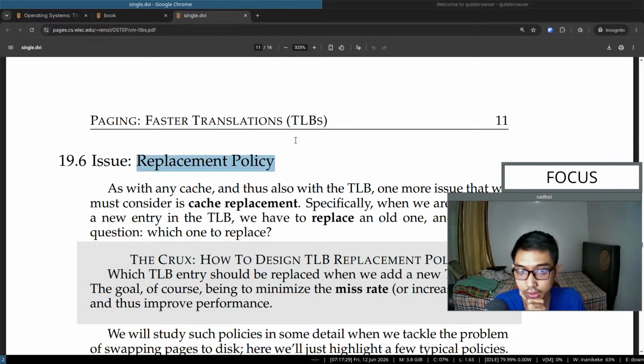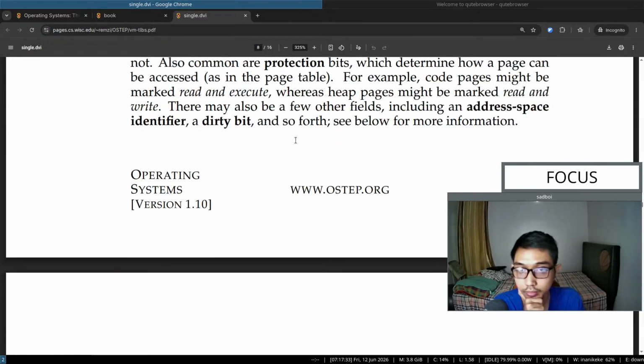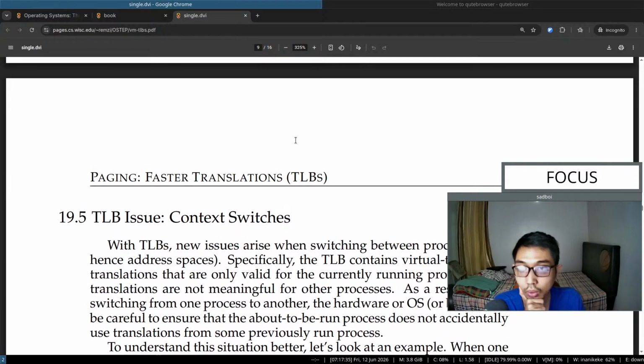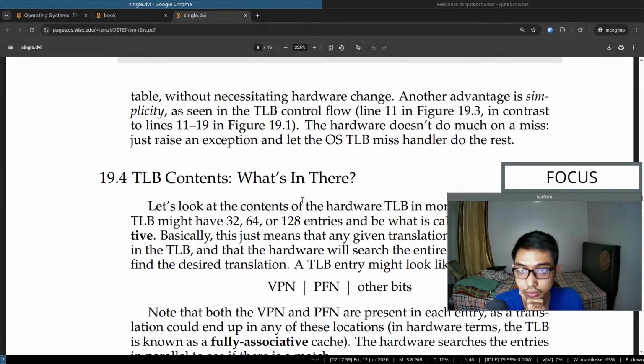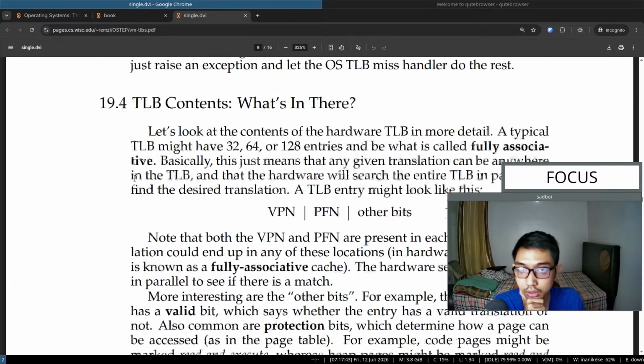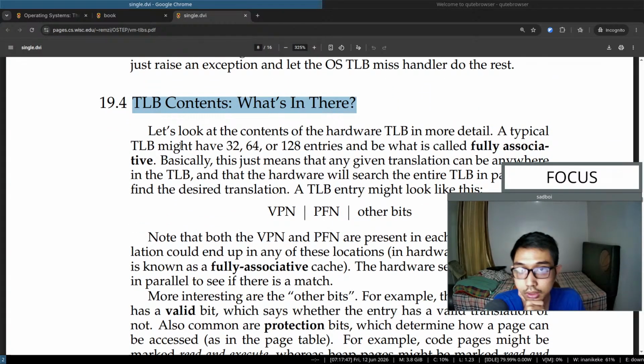Maybe we can get the answer in this section later on. Oh, context switches. Okay. TLB content. Yeah, let me read this. TLB contents. What's in there?